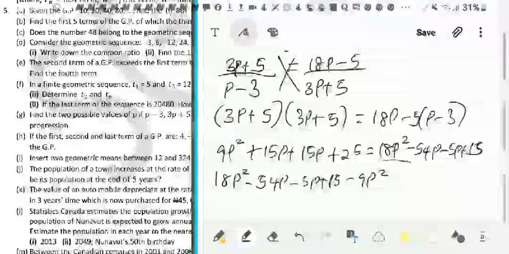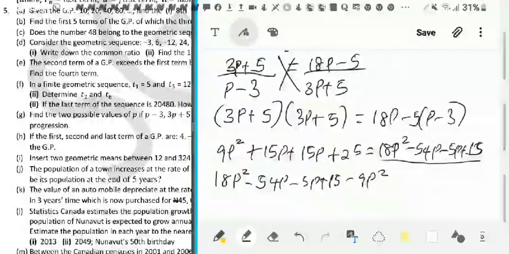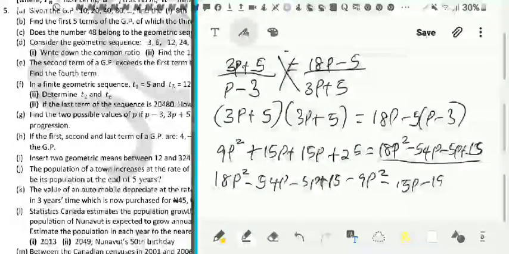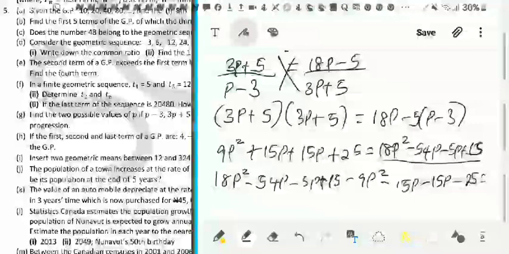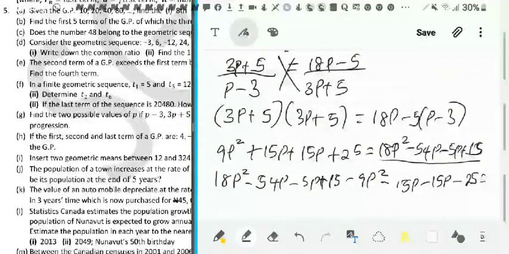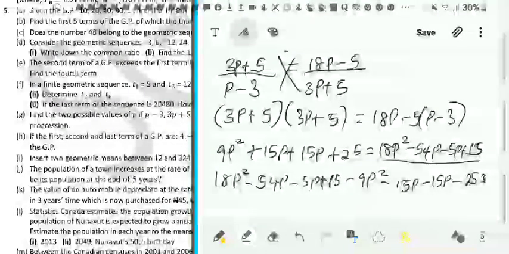I'm writing this one first. Then I'm bringing this one to this side of the equation. So I have minus 9P squared minus 15P minus 15P again, then minus 25 equal to 0. Okay, so I brought everything here, so I have nothing here anymore. So this is equal to 0.